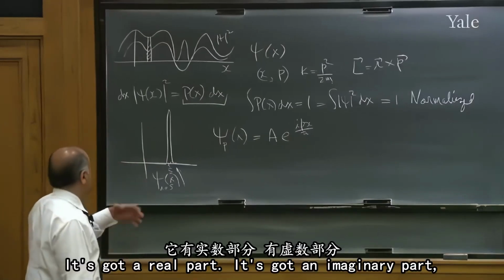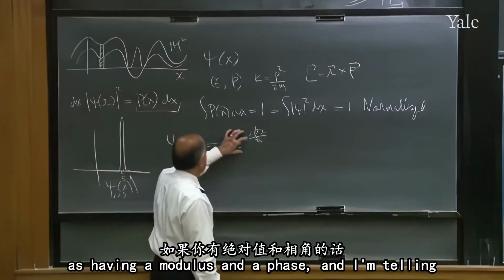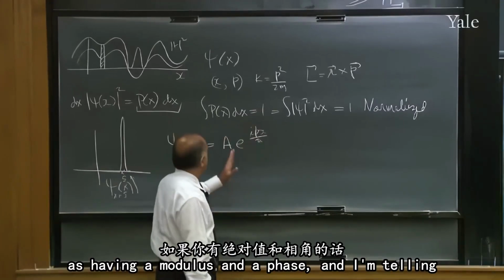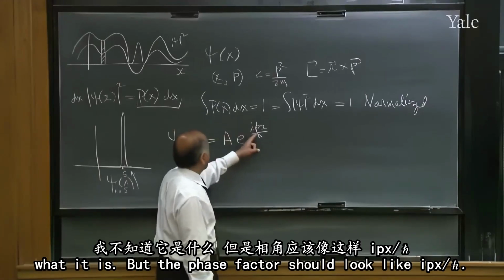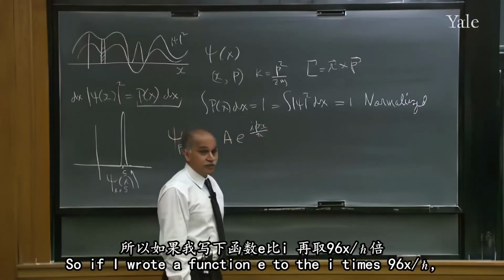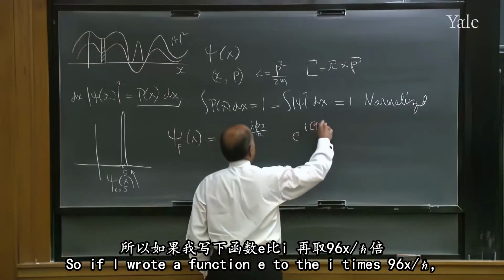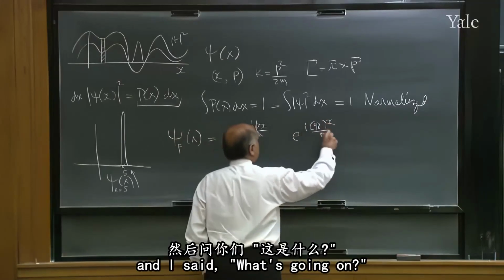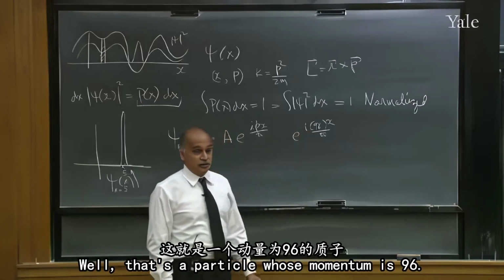It's got a real part, it's got an imaginary part, but it's much more natural to think of a complex number as having a modulus and a phase. And I'm telling you it's a constant modulus. I don't know what it is, but the phase factor should look like ipx over h bar. So if I wrote a function e to the i times 96 x over h bar, and I say, what's going on? Well, that's a particle whose momentum is 96.